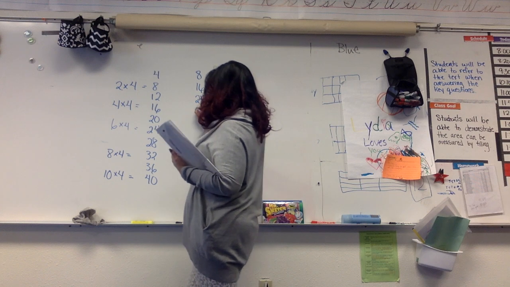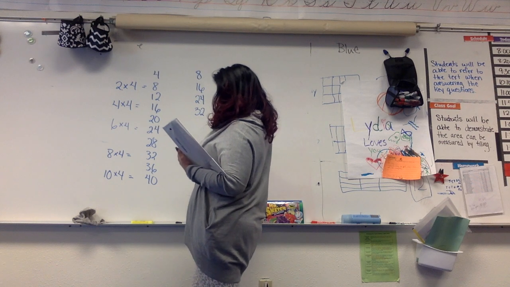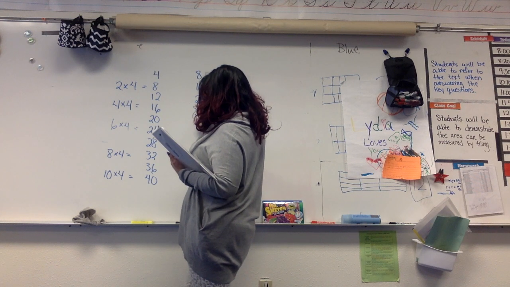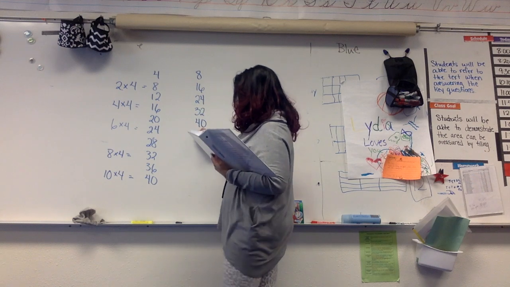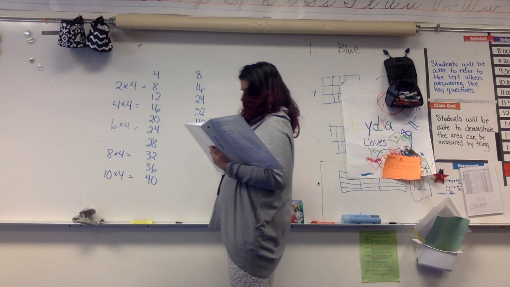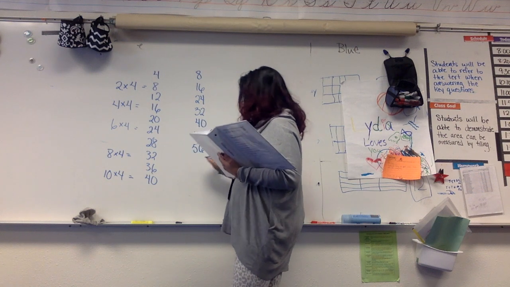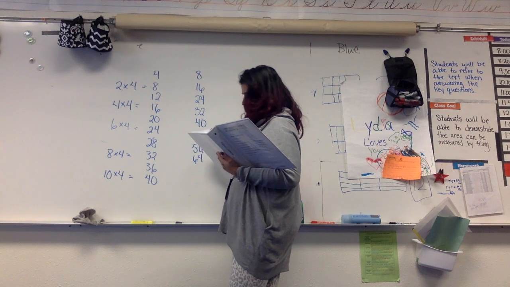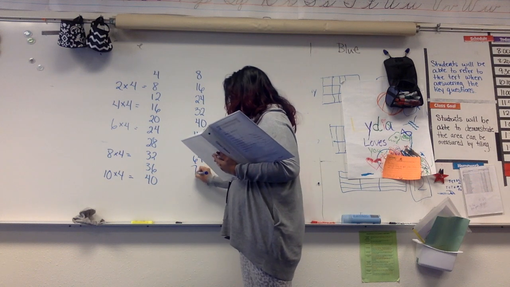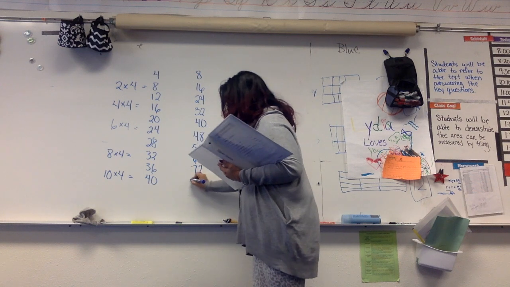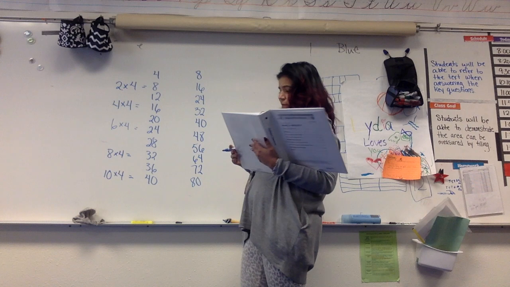Add another 8, 32. Add another 8, 40. Add another 8, 48. Add another 8, 56. Add another 8, 64. Add another 8, 72. Add another 8, and I'm at 80.